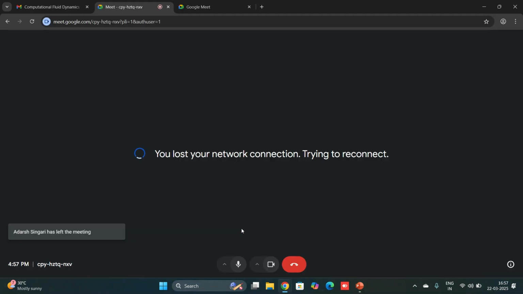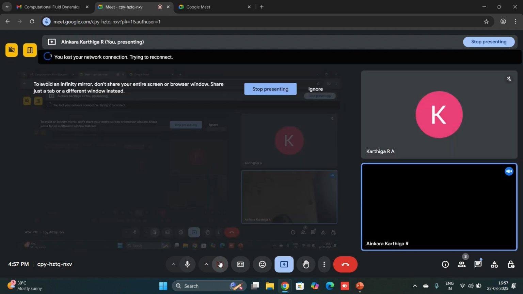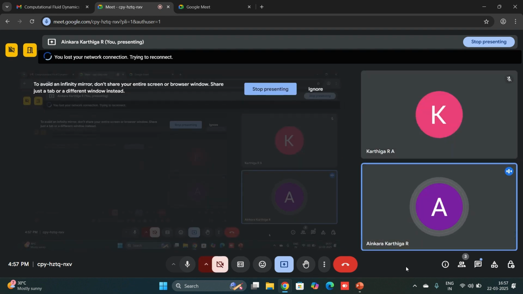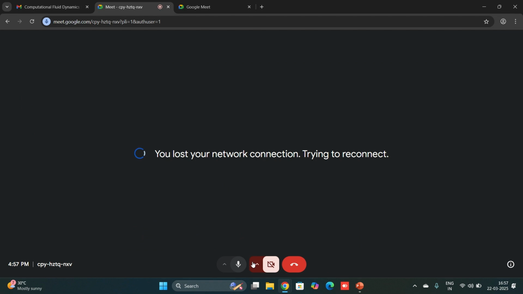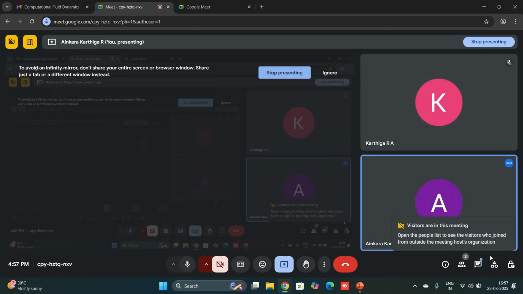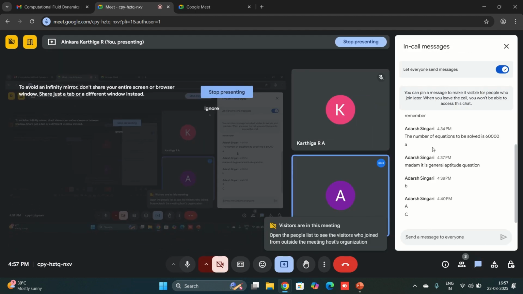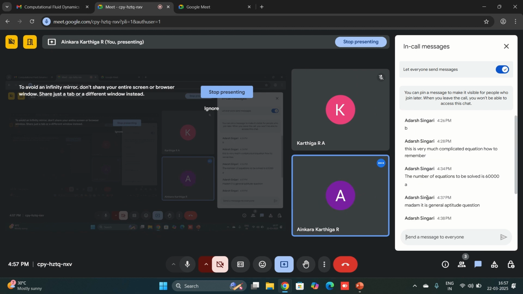I'll just switch off my camera because I have some network interruption. The number of equations to be solved is 60,000. In general, it is an aptitude question. Actually, there was Adarsh Singari.